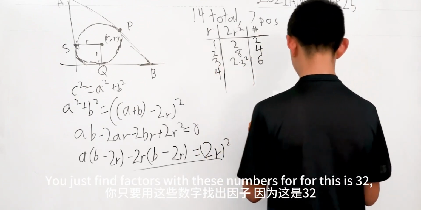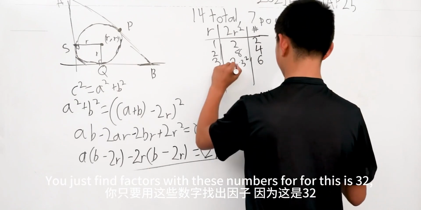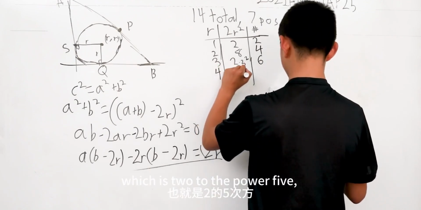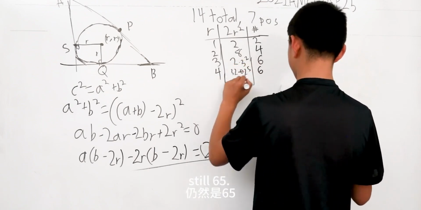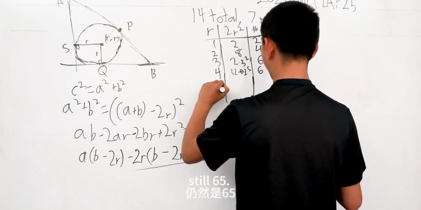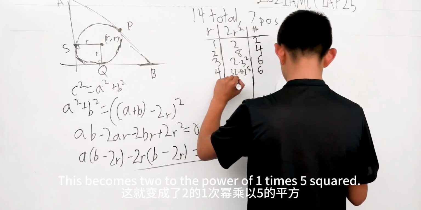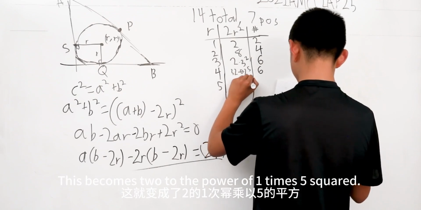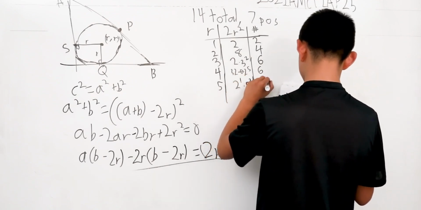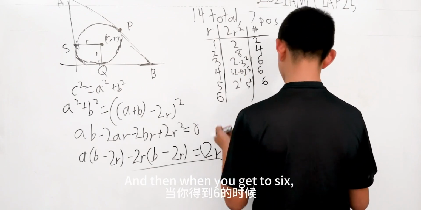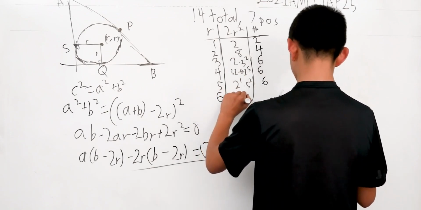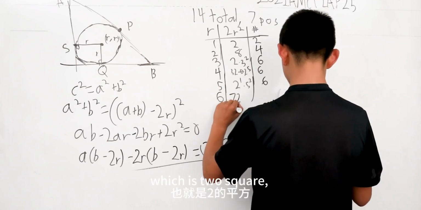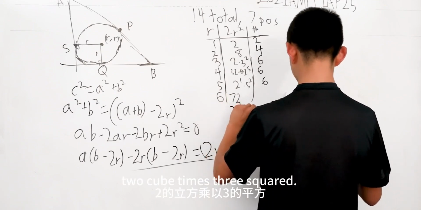R is 4, this is 32, which is 2 to the power of 5, still 6. R is 5, this becomes 2 to the power of 1 times 5 squared, also 6. And then when you get to 6, you get 72, which is 2 cubed times 3 squared.